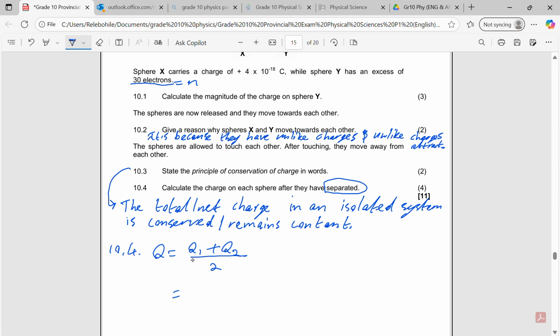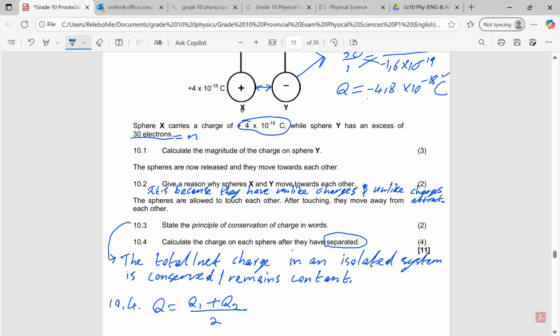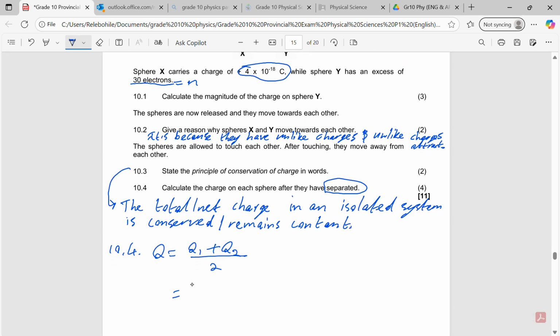Okay, now we are going to substitute into the formula. We look at Q1. Q1 has to be the charge of sphere X. Okay, so that's Q1, and if we write it down, it's going to be 4 times 10 to the power of negative 18 plus, the plus of the formula. What is Q2?